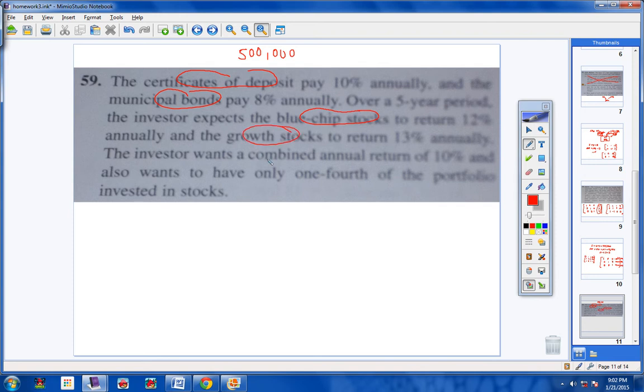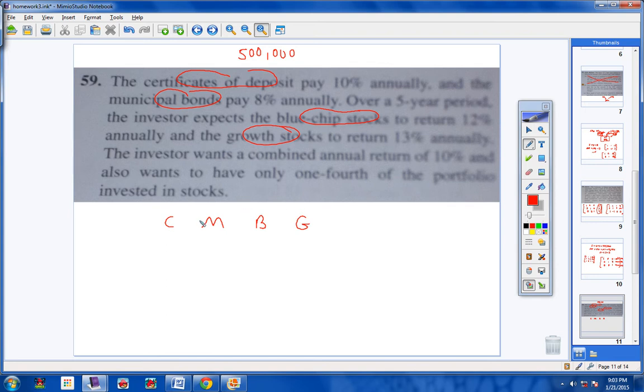So we have 4 unknowns. We can use C for certificates, M for municipal, B for blue chip, and G for growth. Okay, so there's my 4 unknowns.